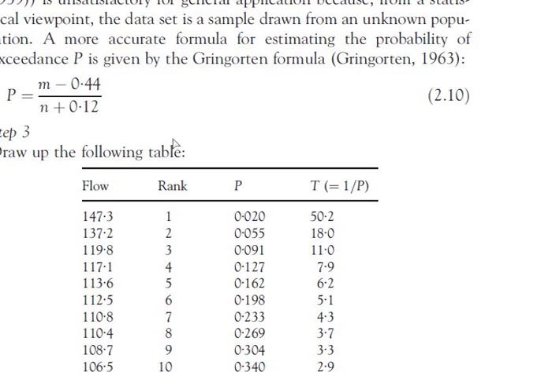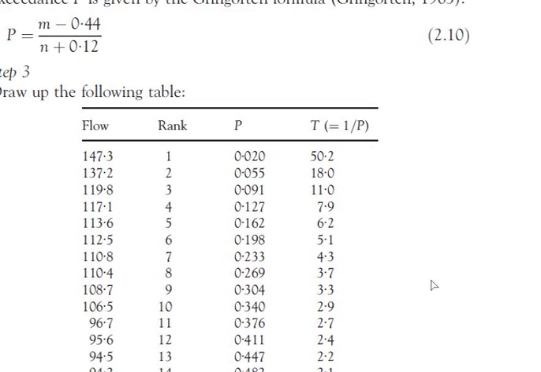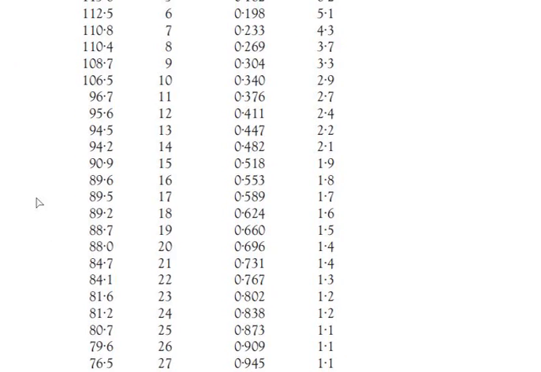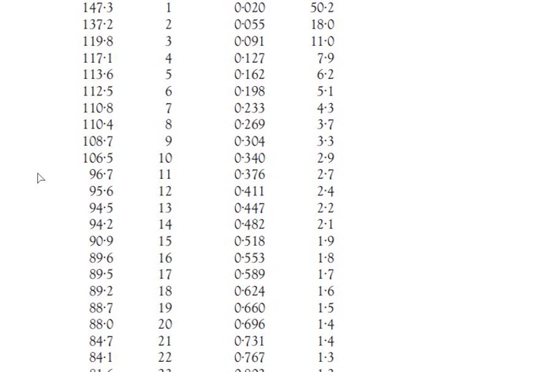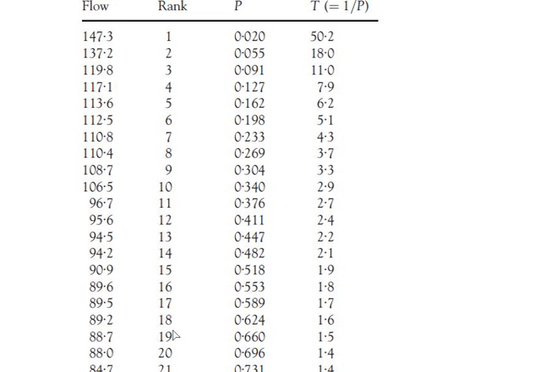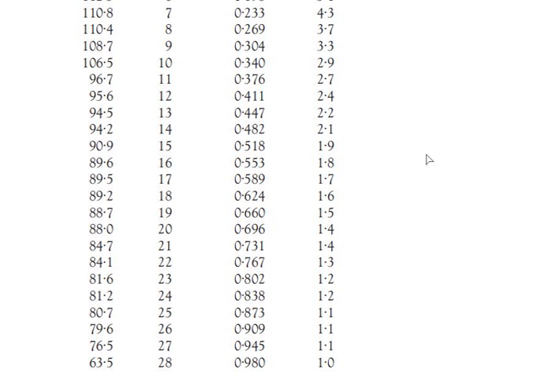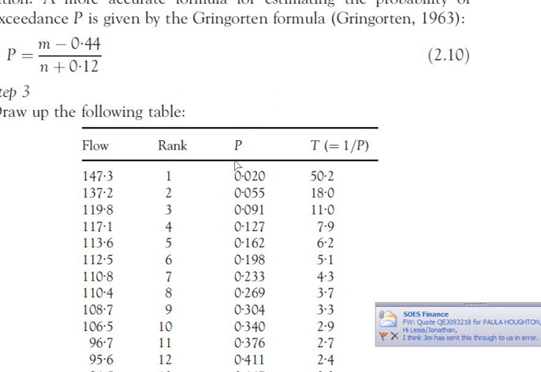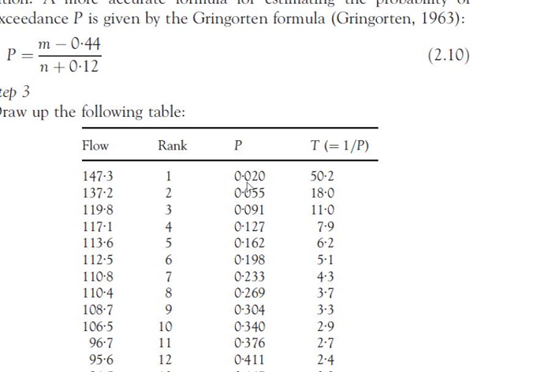The easiest way of doing that is to draw up another table. So here we've reordered it slightly. We've got the flows down here from the highest to the lowest, and we have the ranking position from highest to lowest. And this allows us to calculate the value of P, the probability of exceedance. So these are the values calculated from this simple formula.